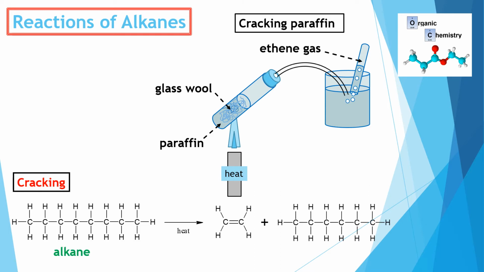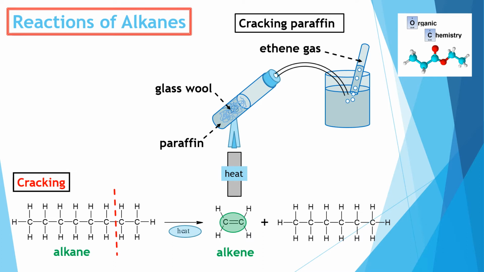There's a process called cracking, and basically what we do is we take the alkane and we heat it. When we heat it, we split off sections of the alkane, and when those sections split off, they make the alkene. They also make another alkane, which again can go and get split.